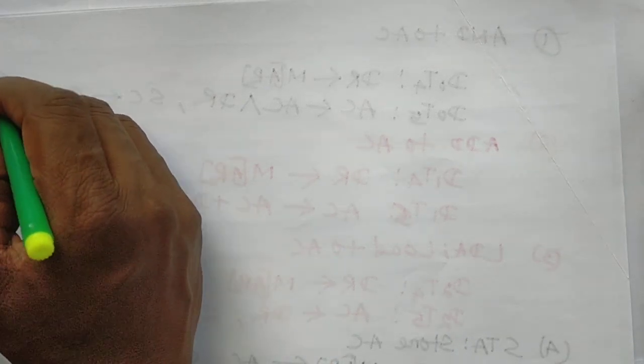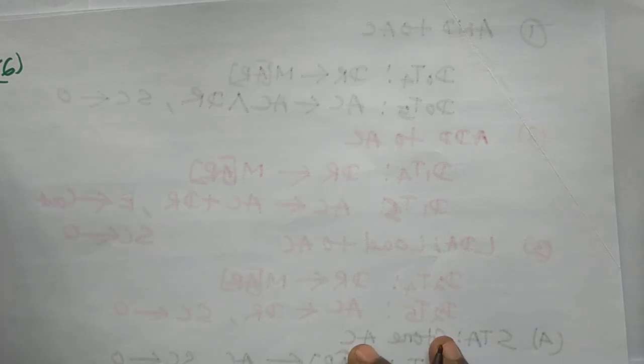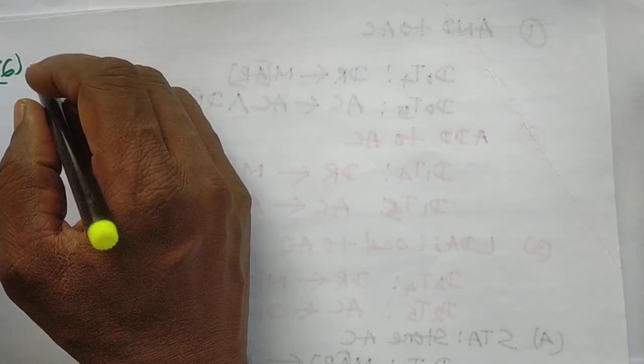Another is D5, that is a 6. Next is similarly BSA.